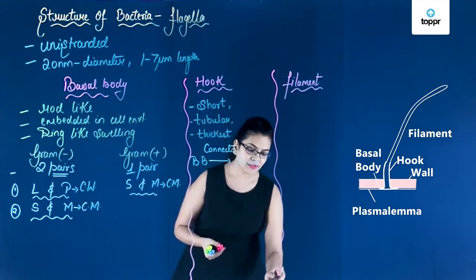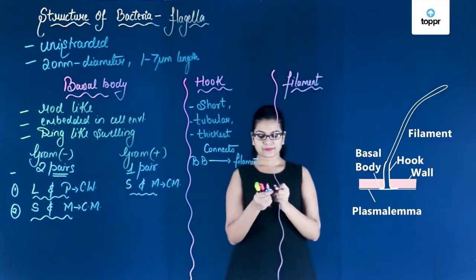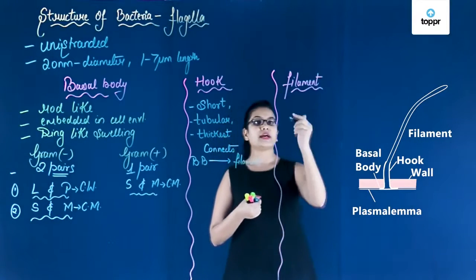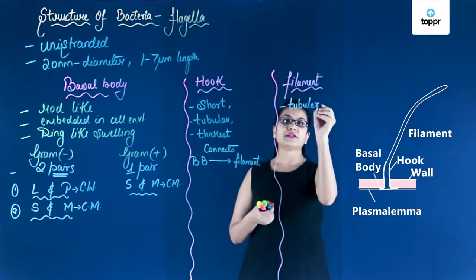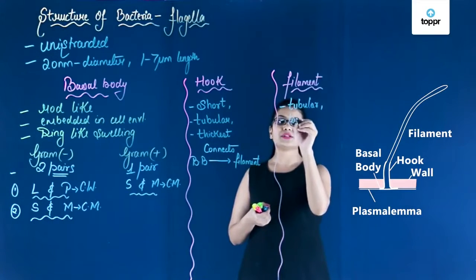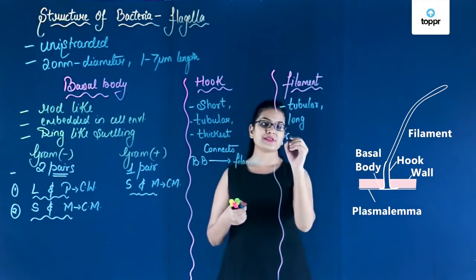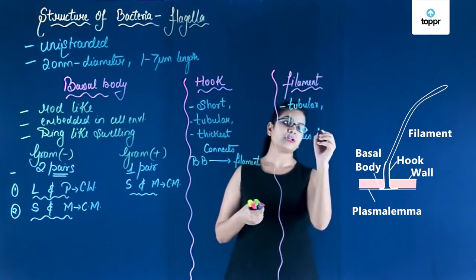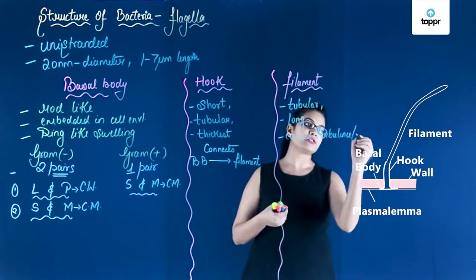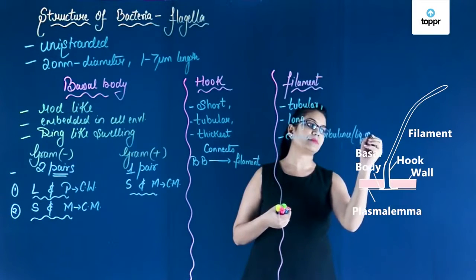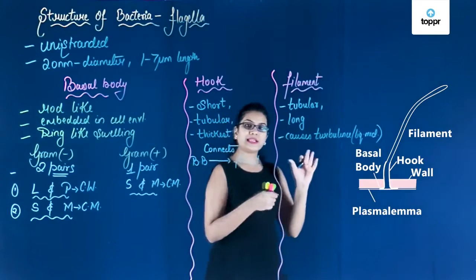Next we will learn about the filament. The filament is very important. We see that it is again tubular, but it is long. This tubular long structure causes turbulence in the liquid medium.